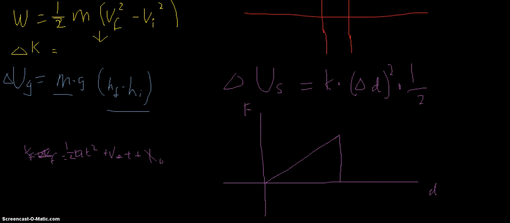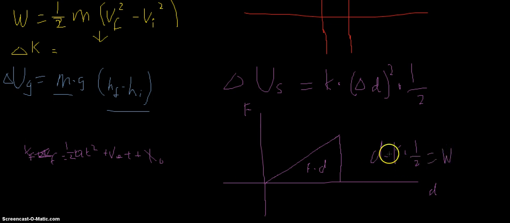That was horrible. This follows a similar format. Basically, force multiplied by distance gives the area, and this is a triangle, so we can conclude that d times F times 1/2 equals the work.